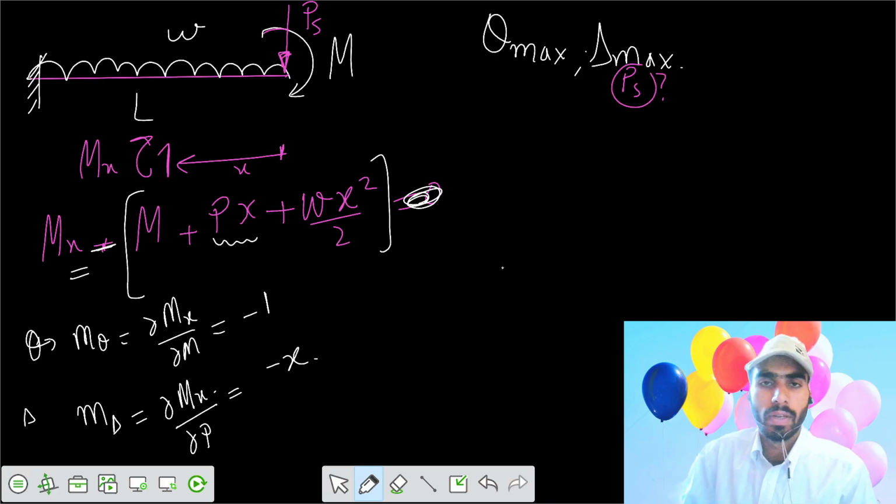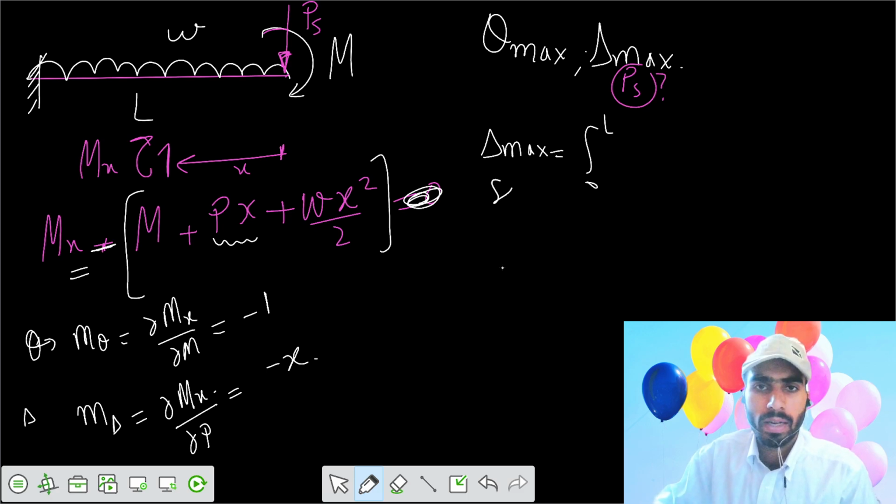And what's the value of delta max? We can write the value of delta max as the integral from 0 to L. Now we can directly set p equals 0. Then we can say 0 to L, minus times m plus wx square by 2, and dx by EI.